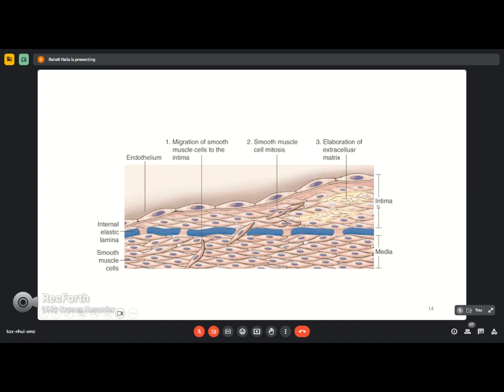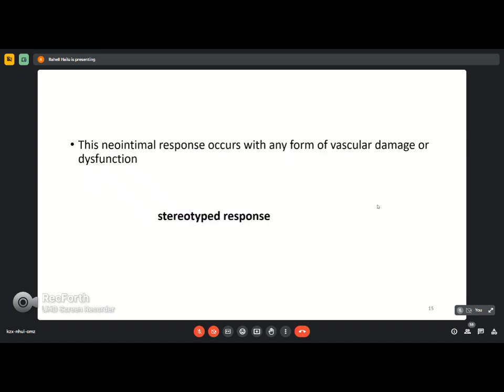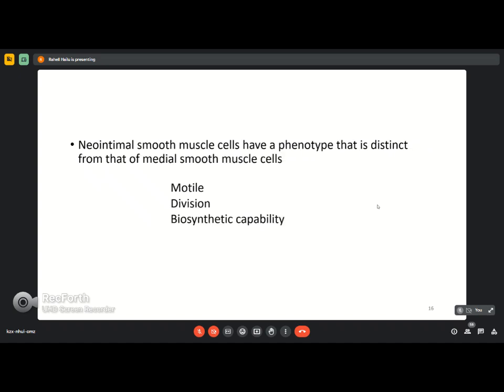They divide and form extracellular matrix, and the response continues that way. This is the type of response you would expect in any vessel for any type of injury. So you call that a stereotypical response.